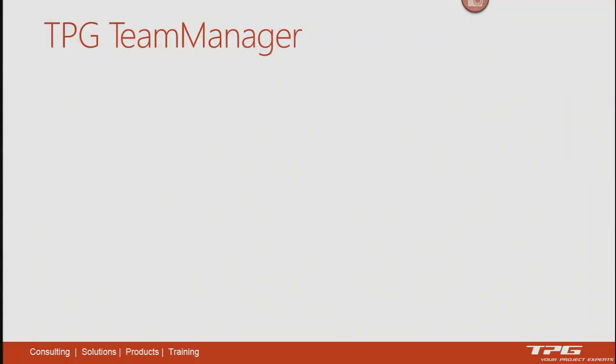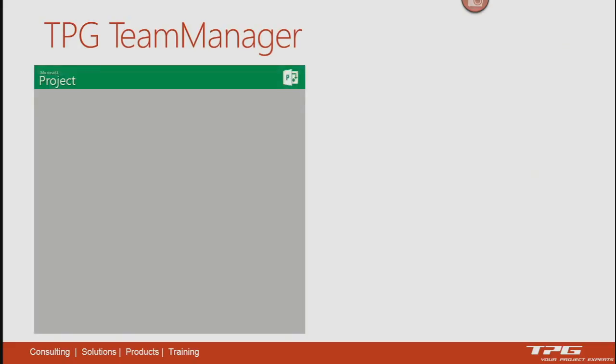So first, I will show that in a schematic way how it works. And when I've finished this slide, I will jump over to the live product and try to make it really work in Project Online.